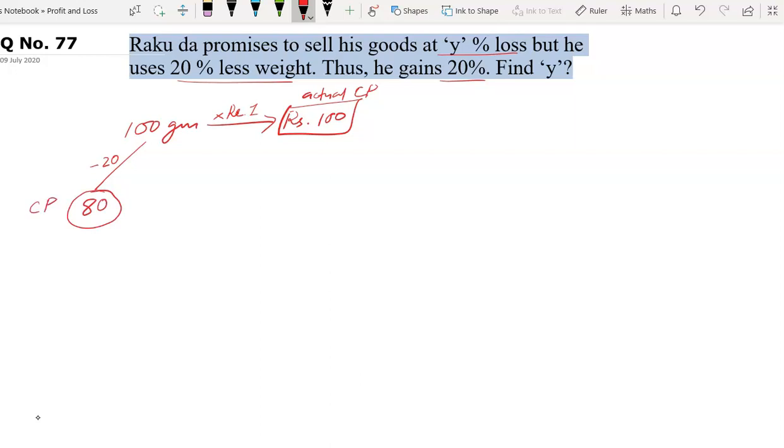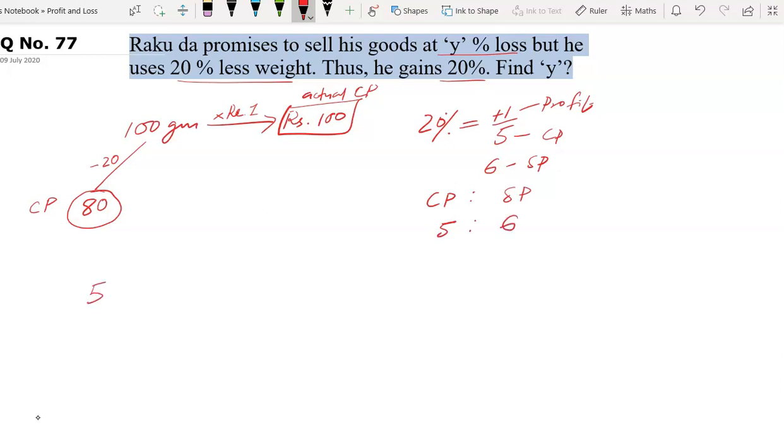Now he gains 20%. So 20% in fraction is 1 by 5. This is his profit and this is his CP. So our SP is profit plus CP. 5 plus 1, 6. So CP is to selling price is 5:6.